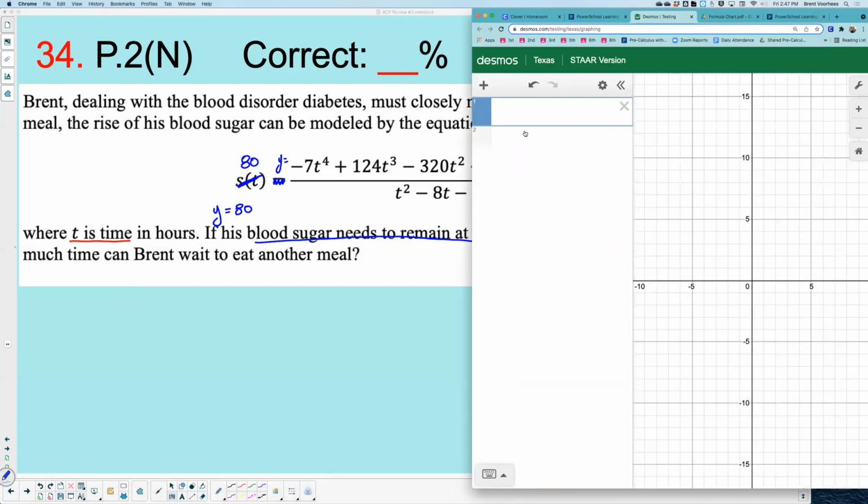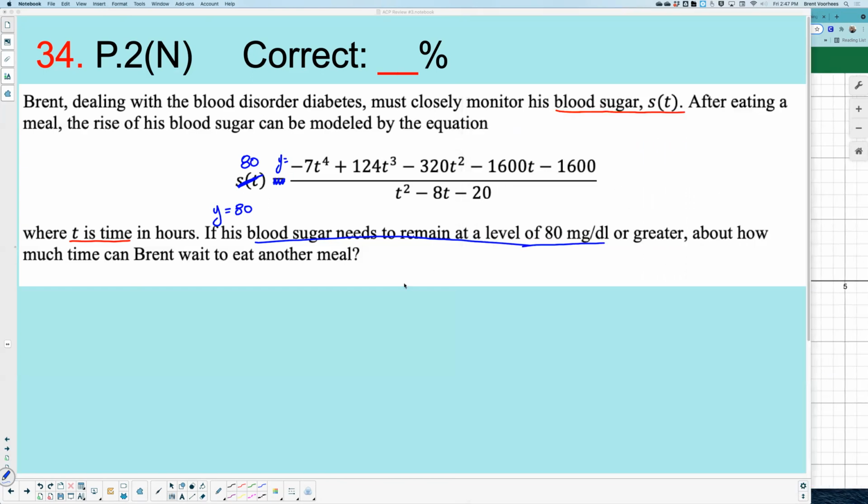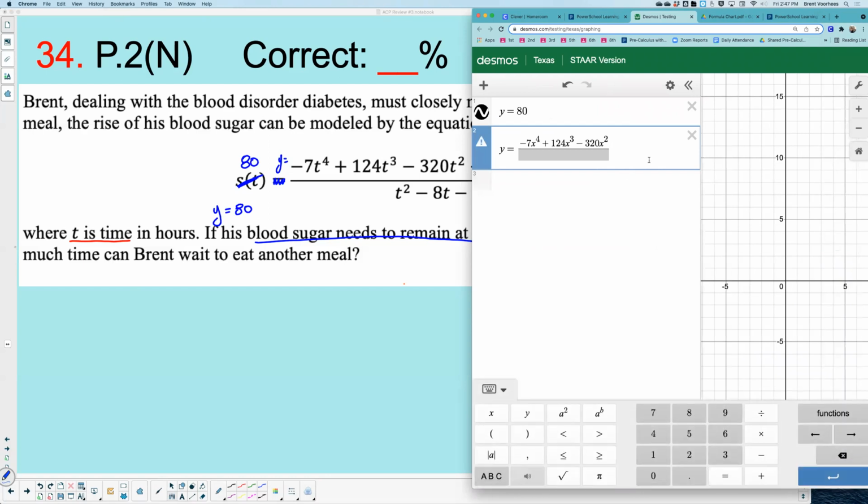I'm going to zoom home here to get it ready. Y equals 80. And then y equals -7. I'm not going to use t's. I'm going to use x's. X to the power 4 plus 124x to the power of 3 minus 320x to the power of 2 minus 1600x minus 1600.